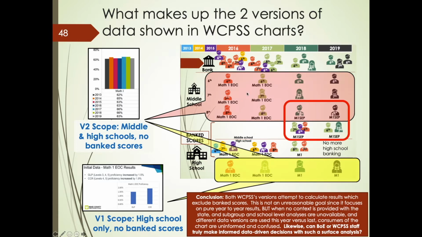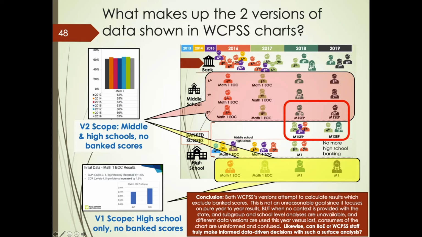So the key mistake I made on the prior presentation is incorrectly saying that was M1 SEP, but in reality, M1 SEP does include the bank scores of middle school test takers that are before 8th grade. So again, when middle schoolers take the Math 1 EOC now, starting in 2018, only in their 8th grade do those scores get added into M1 SEP.